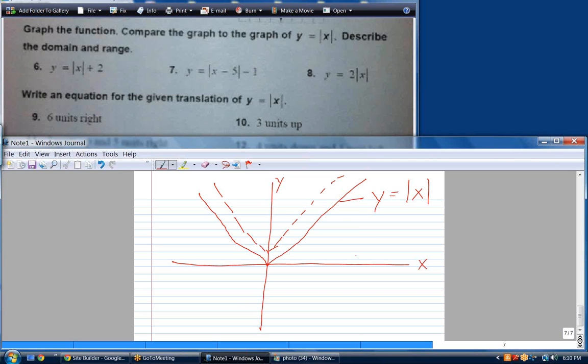Good. How about range? Y is greater than 2? Greater than or greater than or equal to? Equal to? Exactly right. Okay, so let's erase that one and do the next one.